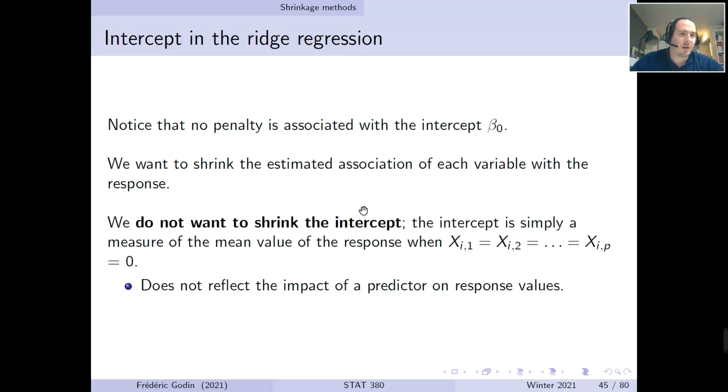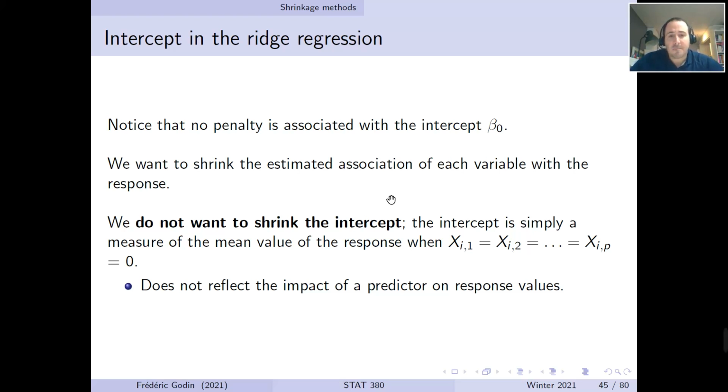Unless we have very strong evidence of covariation between the response and predictors, we'd like to dampen their effect, so as to have a bit more parsimony.